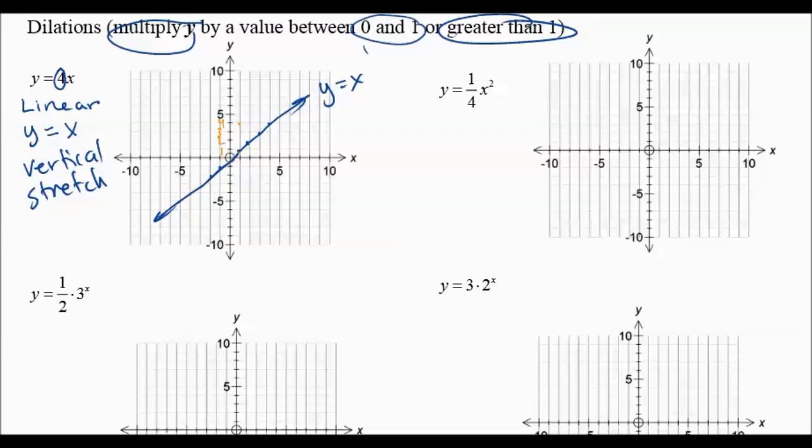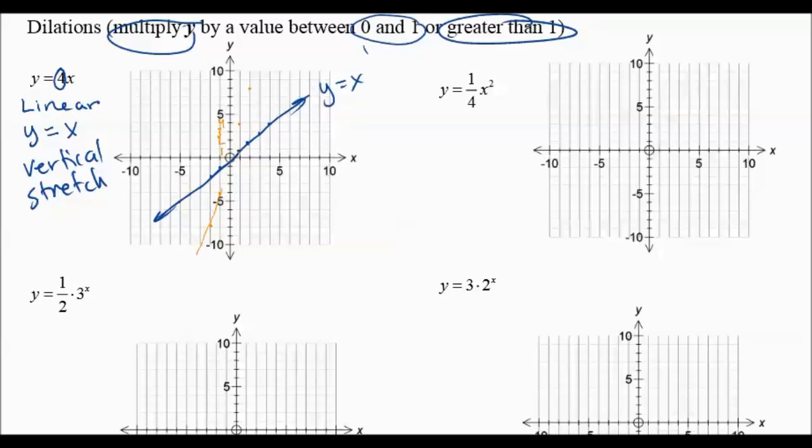Notice that for y, you do whatever it tells you to do. There's no need to switch like you do with the x values when you're doing dilations for x. If y is 2, you multiply by 4, it becomes 8. If y is -1, it becomes -4. If y is -2, it becomes -8.